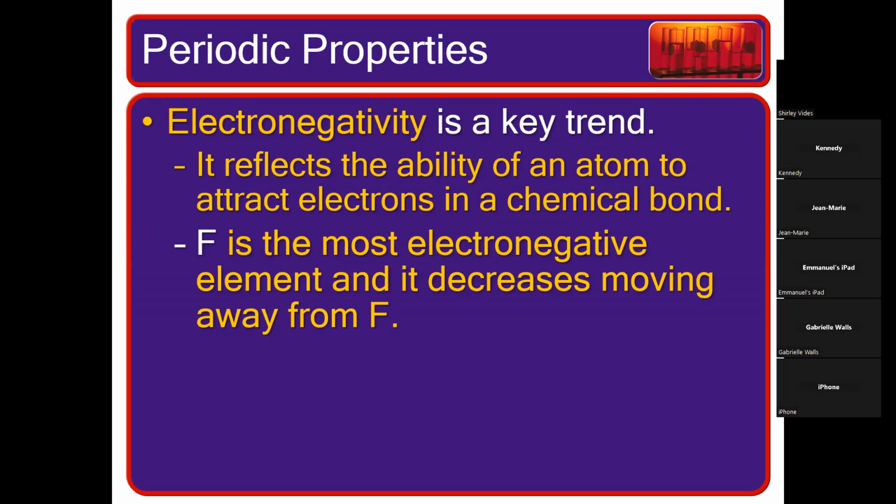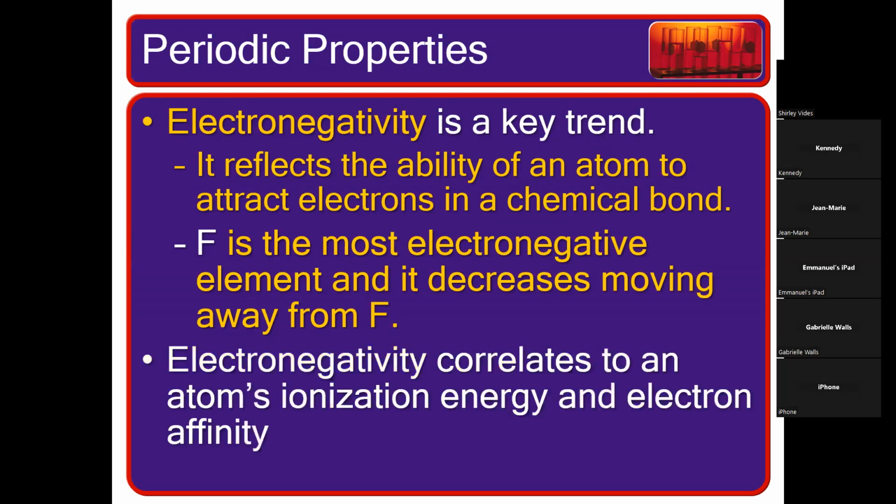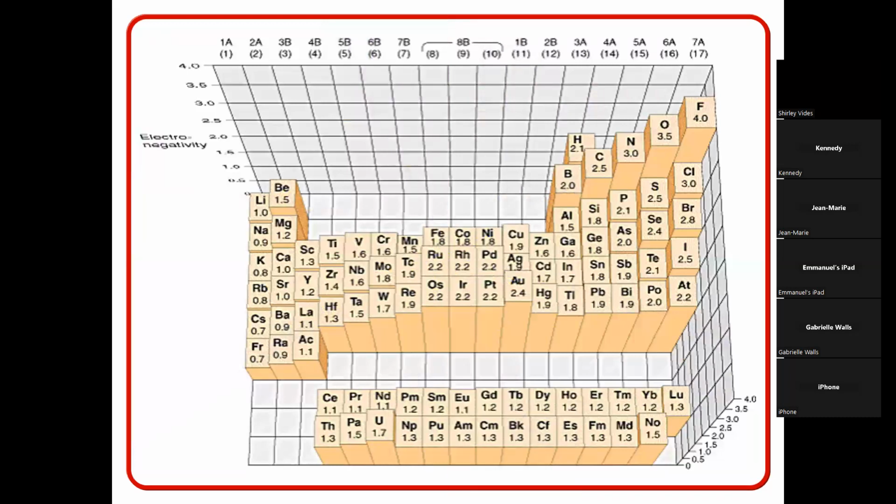So basically the trend is exactly the same as what we talked about before. It also correlates with ionization energy and electron affinity. Therefore, the trends go in the same direction, which is they increase from left to right and bottom to top.